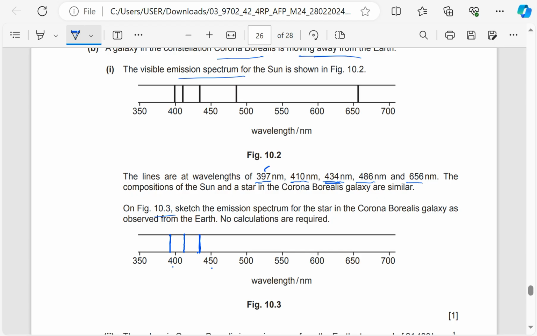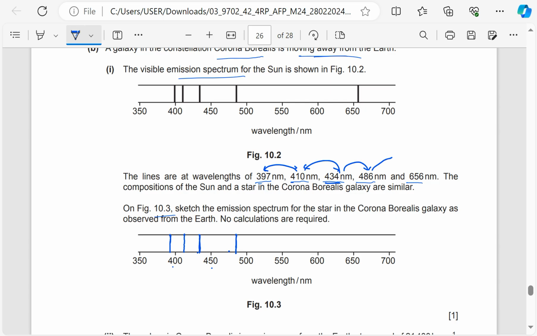Of course, I must be very careful with the difference between these. Then the next is 486. 486 is after 475, which is at the center, so this is going to be around here.